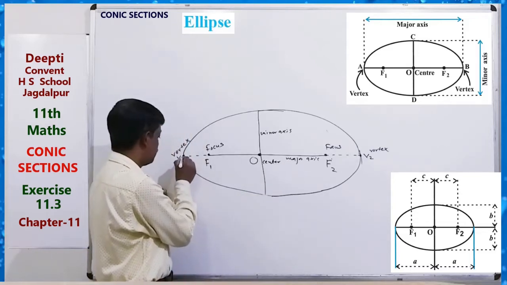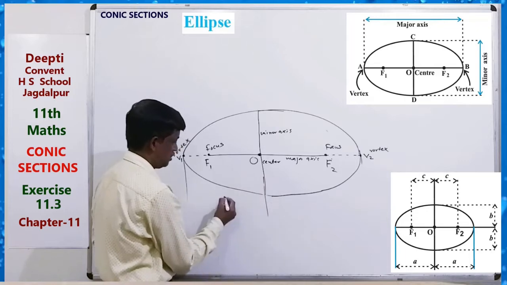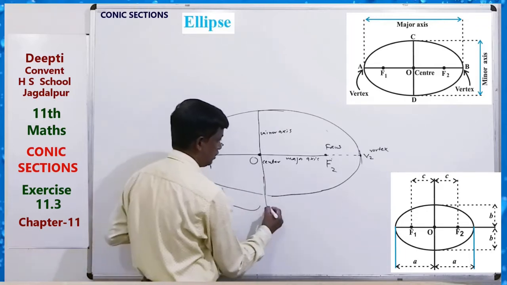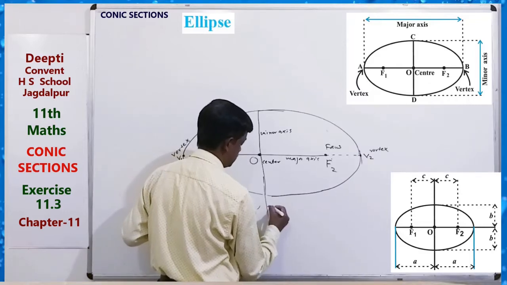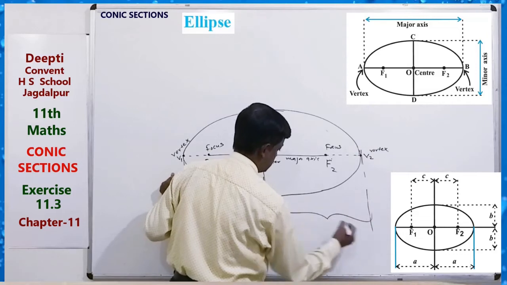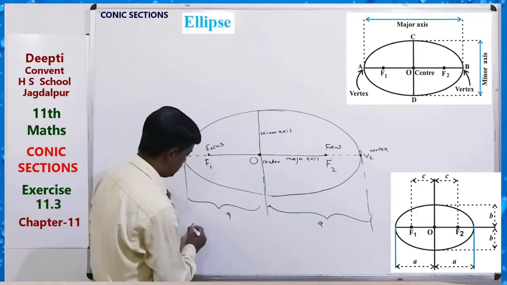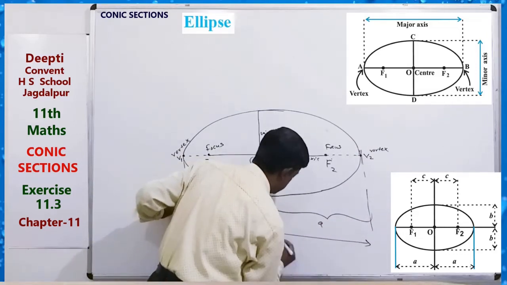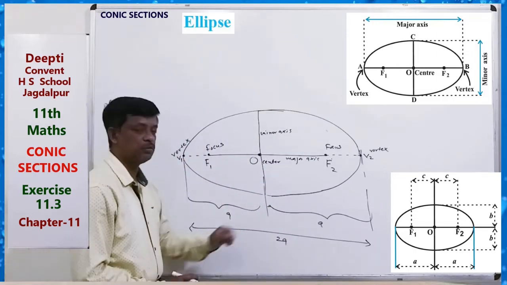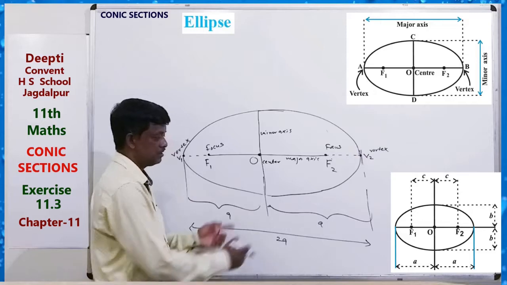That means from here to here is a, and from here to here is a, so the total is 2a. Clear?